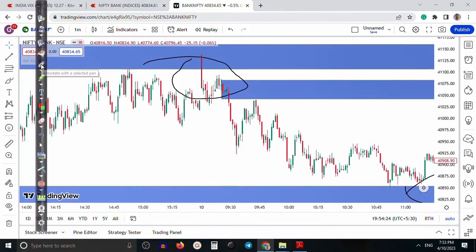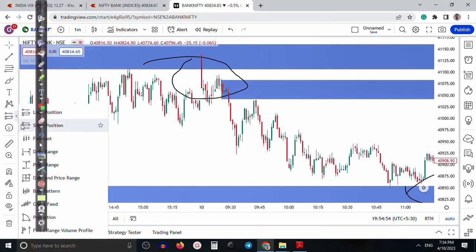So first price opened here and price dropped drastically and price again pulled back. See here, this is the power of a pullback toward the downside. After that price pulled back, and here price again goes a little bit up, and finally price breaks, and that was our entry point, and we use a 1:3 risk-reward ratio on the downside.